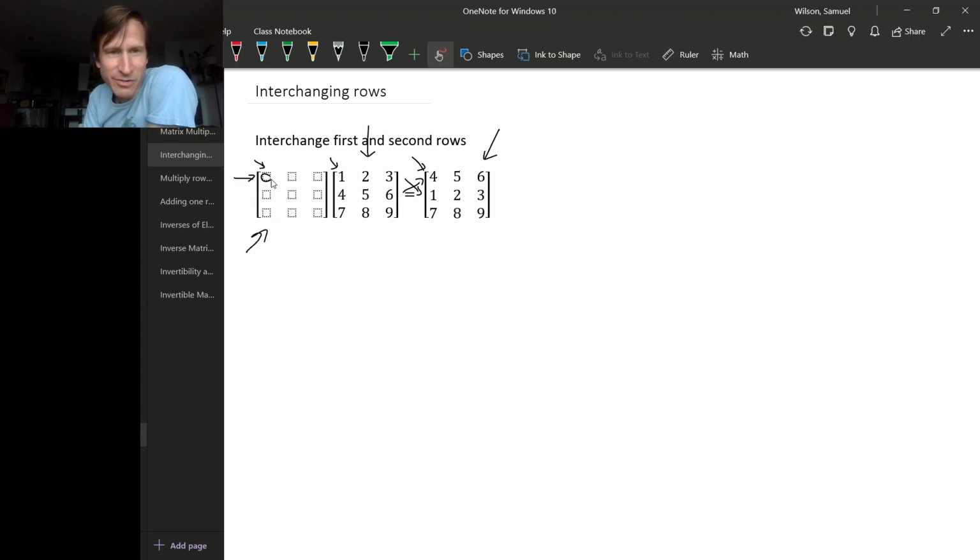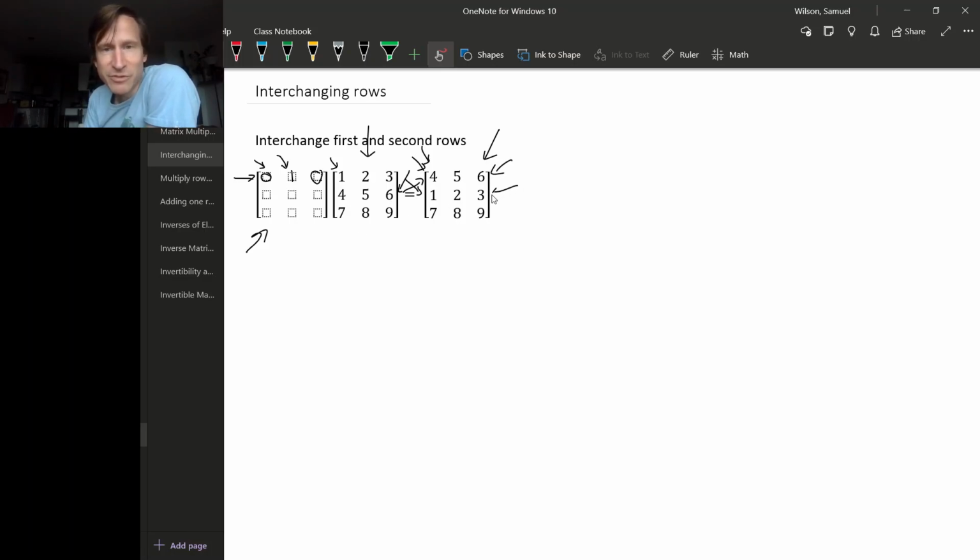So we want a 0 here. What we want is just, in our new first row, a single copy of the old second row. And this entry right here is going to act as the coefficient for the second row. So we want a 1 right there. So we get 1 copy of the second row in the first row. And of course we don't want any of the third row, so we should have a 0 here.